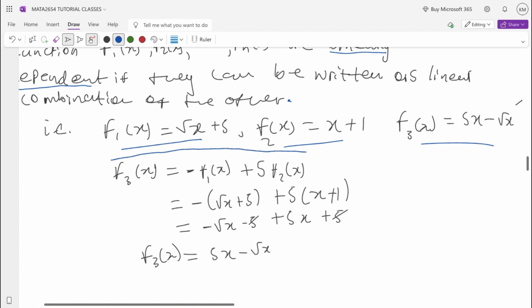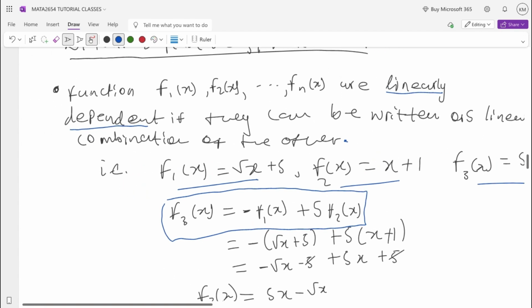If you are able to write a function as a linear combination of the other functions, then those functions are linearly dependent. Otherwise, if you cannot do that, then they're obviously linearly independent. But the whole idea here will come more when we do the Wronskian determinant. That is something that is most important. But also, this is just the theory of linearly dependent and linearly independent functions, or maybe solutions of our differential equations. So, do we understand what I meant by this statement now from this example?